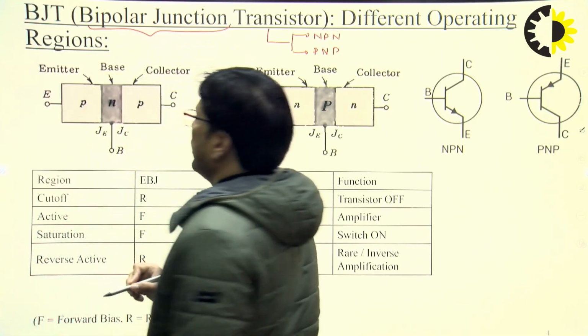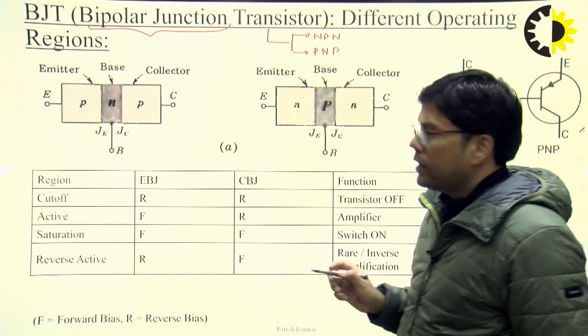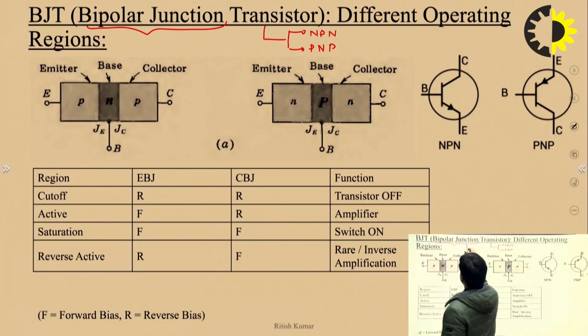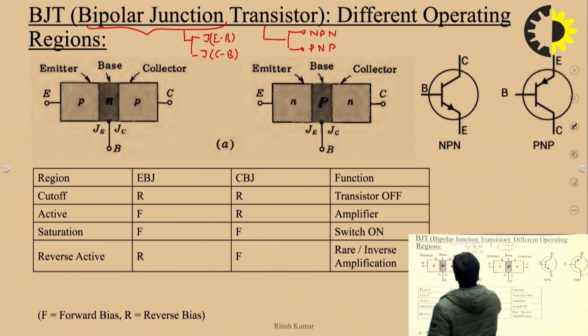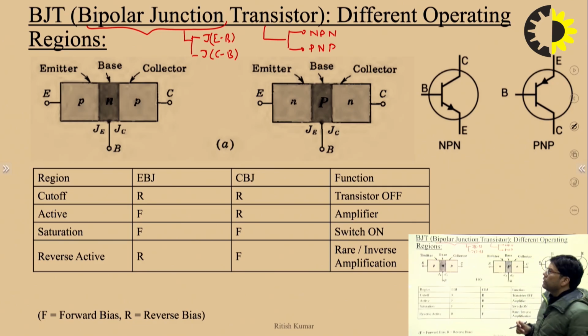It has two junctions. The first one is the emitter base junction, and the second junction is the collector base junction.